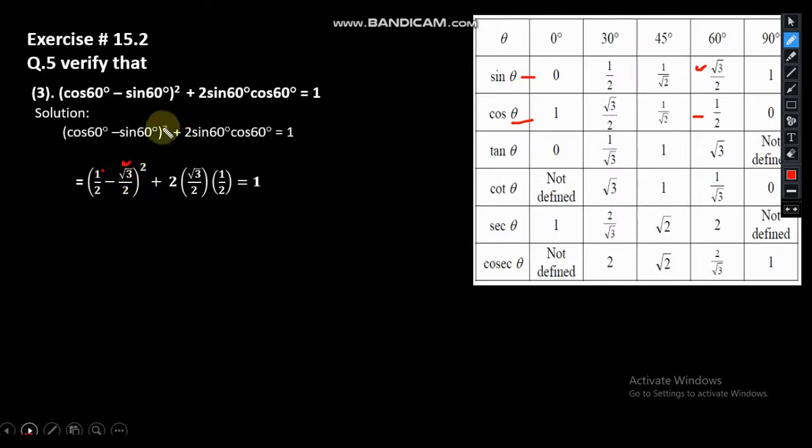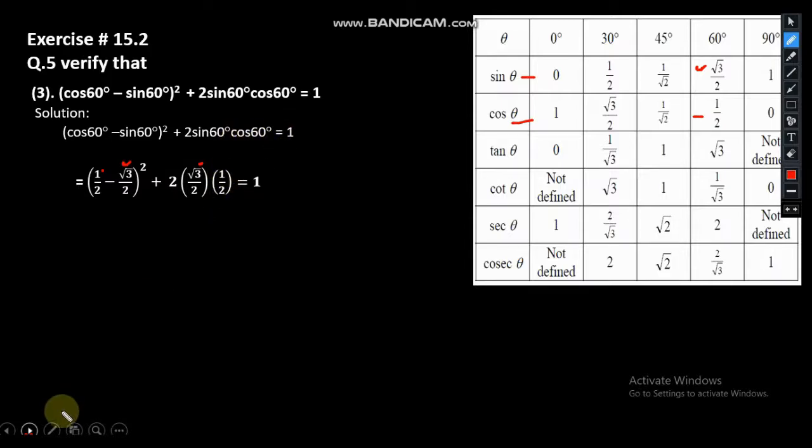Taking the square of the bracket, plus 2 sin 60 degree, which is under root 3 over 2, and cos 60 degree, which is 1 divided by 2.